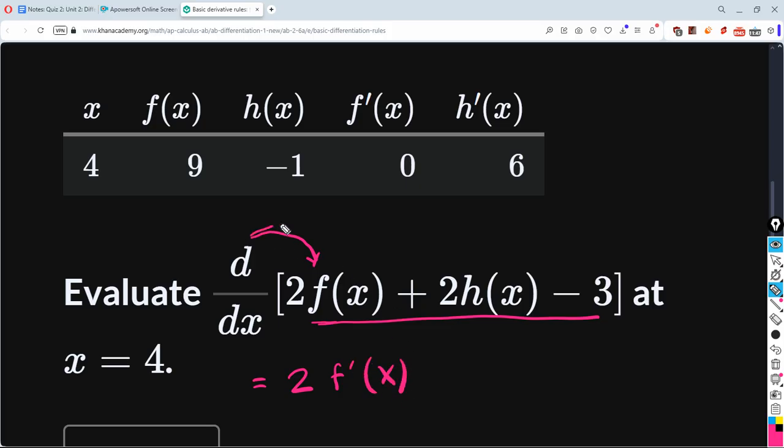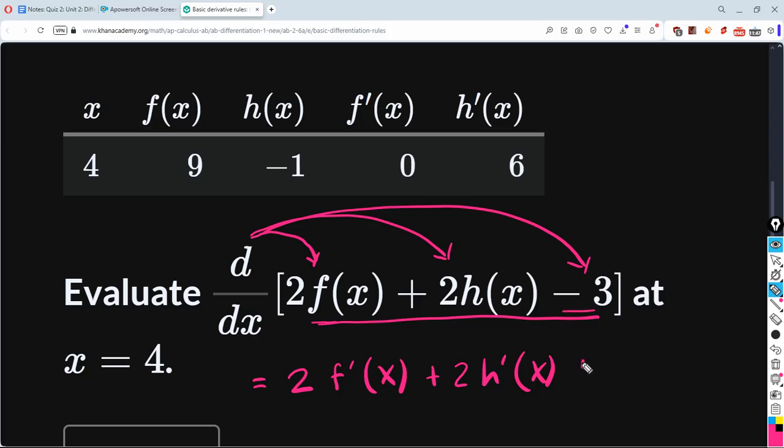The derivative of positive 2 times h of x, that's going to be positive 2 times h prime of x. And then finally, the derivative of negative 3, well, the derivative of a constant is just 0. You can write plus 0 if you want, but it's just going to be 0.